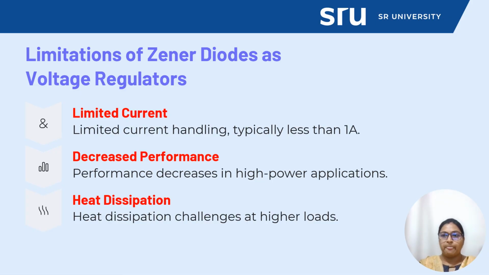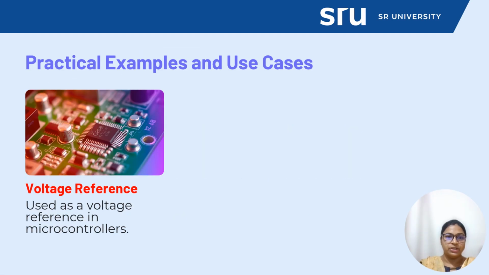Let us see some practical applications where we can use voltage references. Use as voltage references in microcontrollers: in microcontroller circuits, the Zener diode is mainly used for voltage referencing.